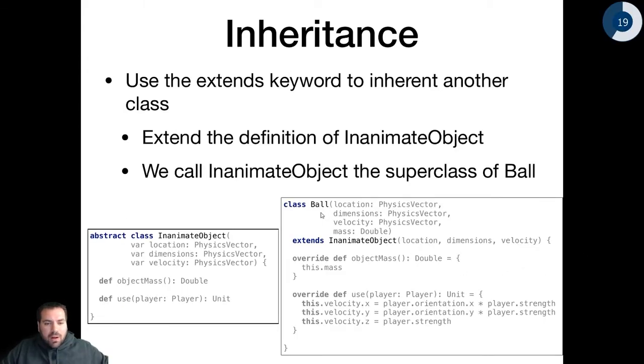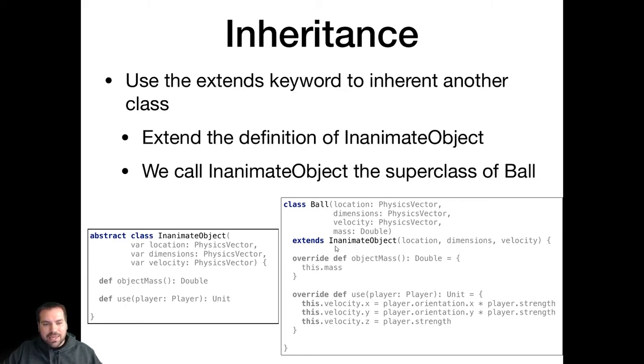So if we want a ball of type inanimate object, we're going to extend inanimate object and then call the constructor of the inanimate object in the ball class right after its constructor. So we have class ball, its constructor, extends, meaning I want all of the functionality of some other class.